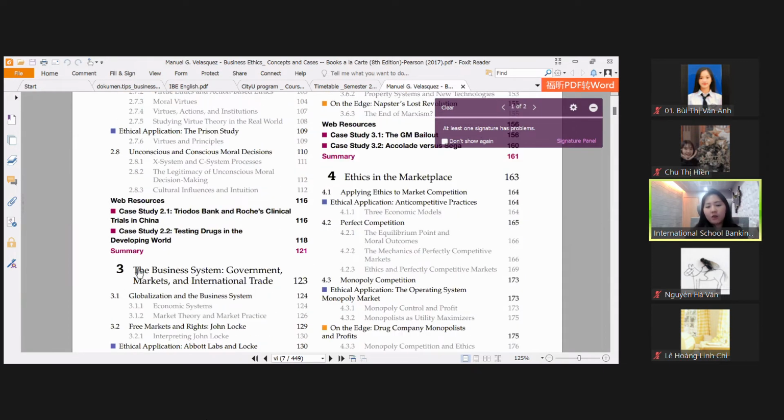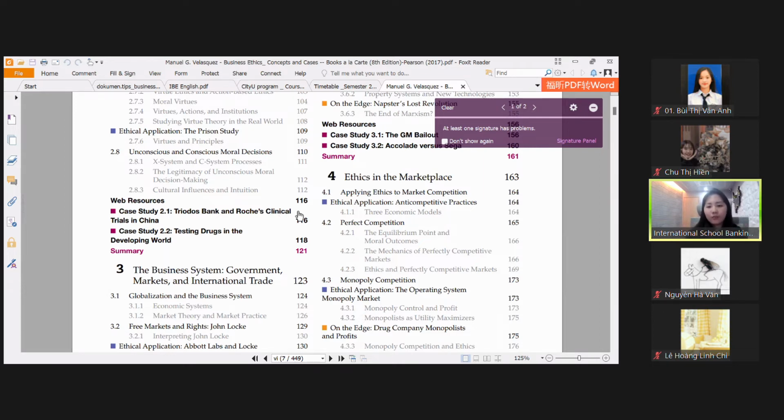And next, chapters 3, 4, 5, 6, and 8 are all about applying ethical reasoning, business ethics into different situations, into different aspects.